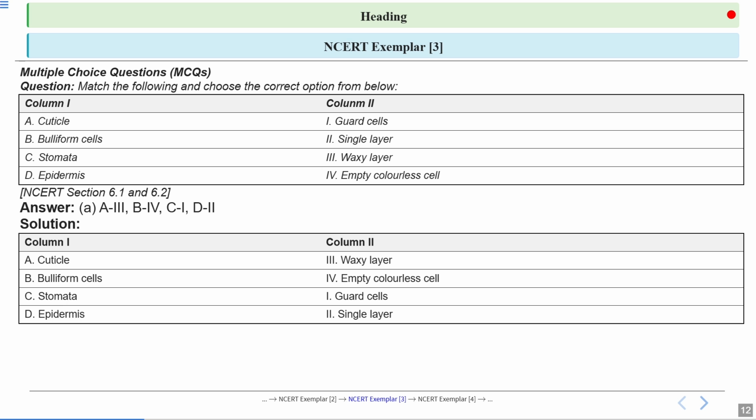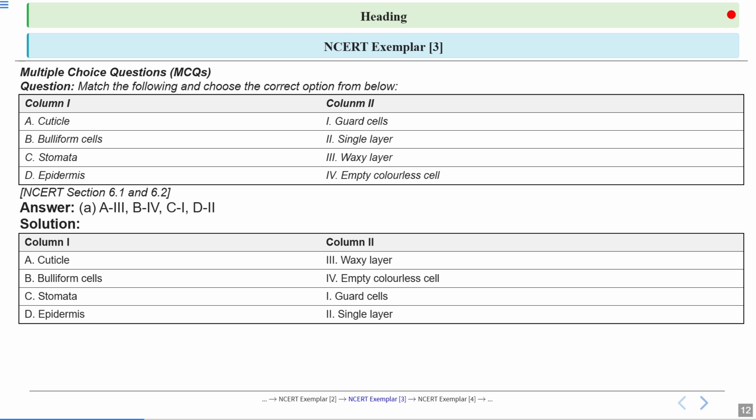The guard cells make that stomatal aperture, bean-shaped guard cells. So stomata match with the guard cells. Epidermis is a single layer present on the stem, on the leaf, and even in the case of roots, where the epidermis is called epiblema, right?